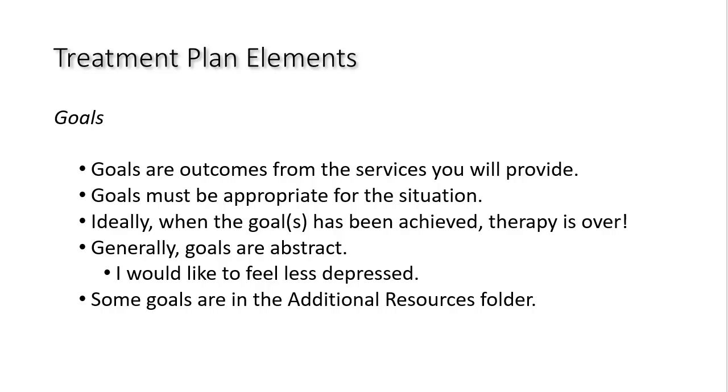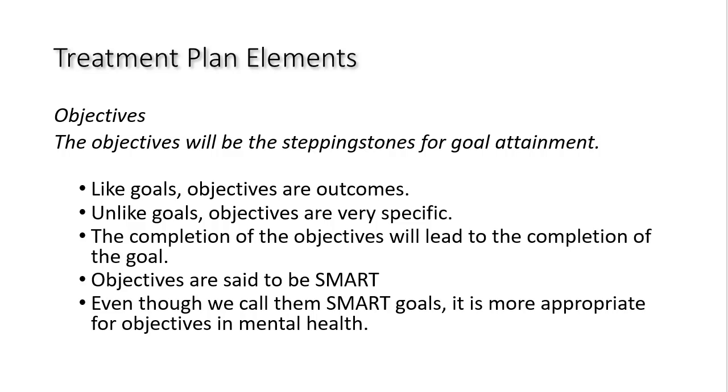So if we have a goal, which is the general thing that we're going to work toward, the general solution that we're going to work toward, the way that we get there is through objectives. So objectives are the stepping stones for goal attainment. So like goals, objectives are outcomes. They are the things that we are going to work toward. But unlike goals, objectives are very specific.